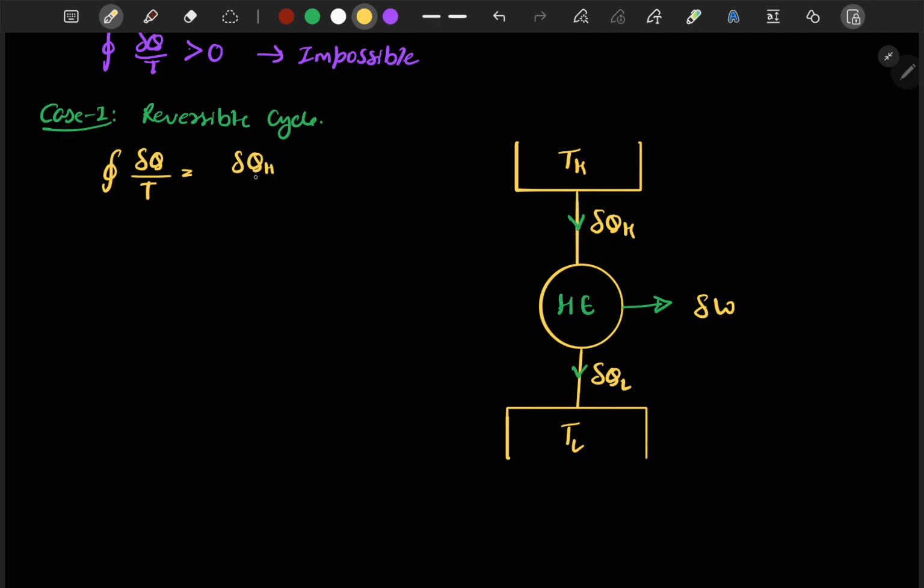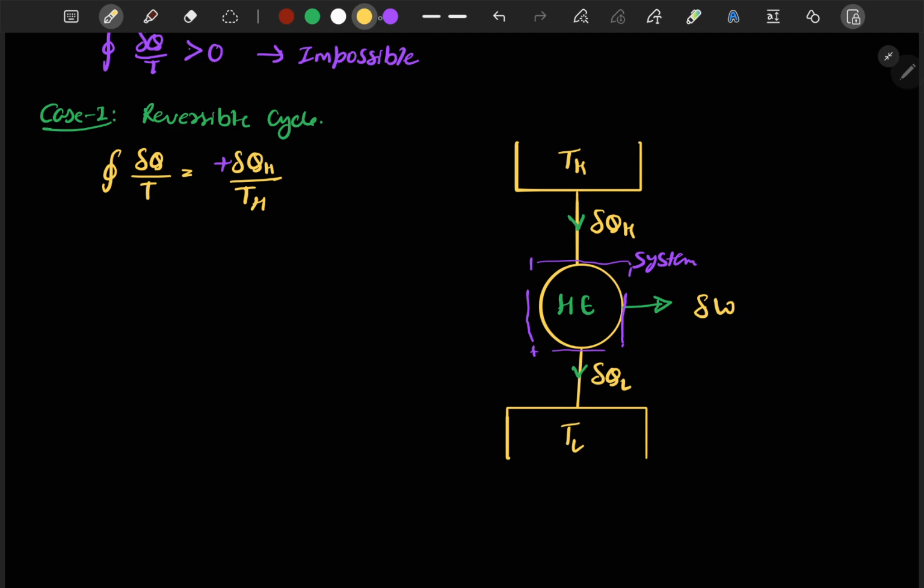If we consider this heat engine to be our system, then since del QH heat is supplied to the system, we will take it as positive, and it is supplied at a constant temperature of TH. So we will write it as del QH upon TH.